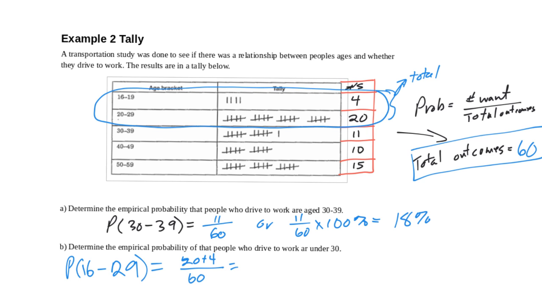So we get 24 over 60, which simplifies to 2 over 5, because each of these numbers can be divided by 12. So our final result is 2 over 5, or if you want to turn it right away into a percentage, you write 24 divided by 60 times 100%, and you get 40%. And there is your answer.